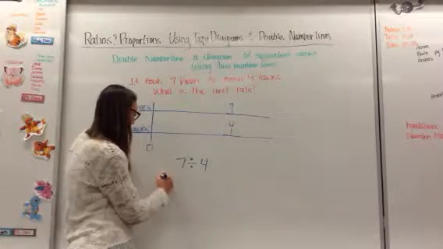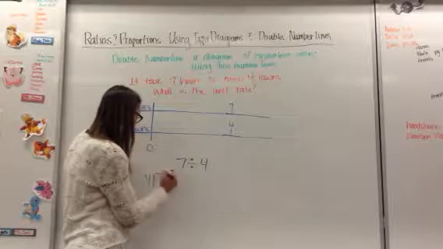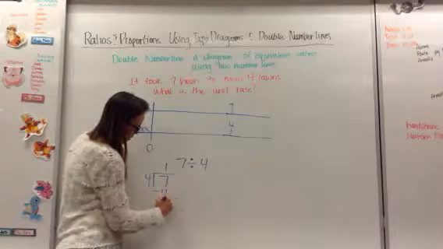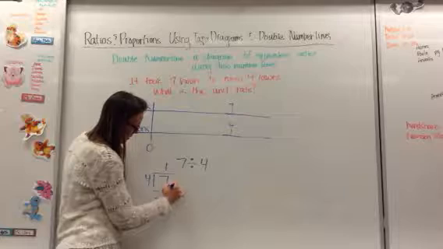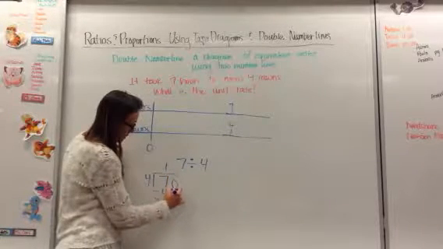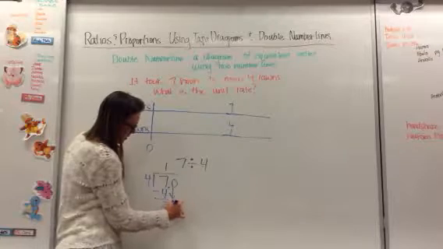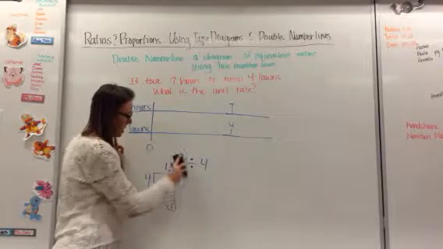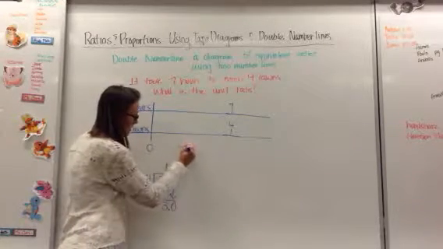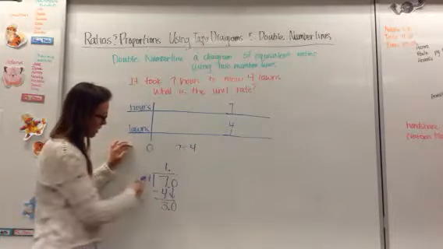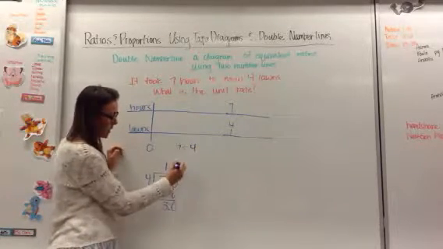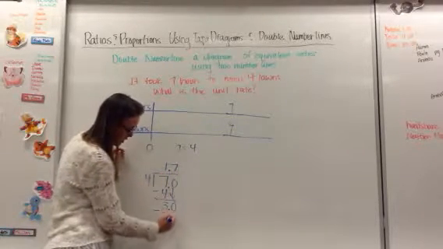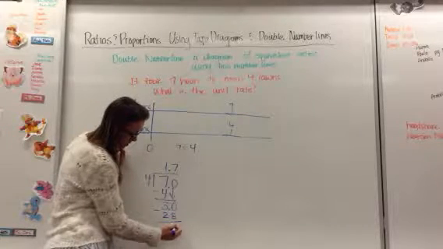That would work out if I did the math. 7 divided by 4 goes in 1 time. 1 times 4 is 4. So then we have 3 left over, and I'm going to bring this down. How many times does 4 go into 30? 4 goes into 30 7 times. 7 times 4 is 28, with 2 left over.